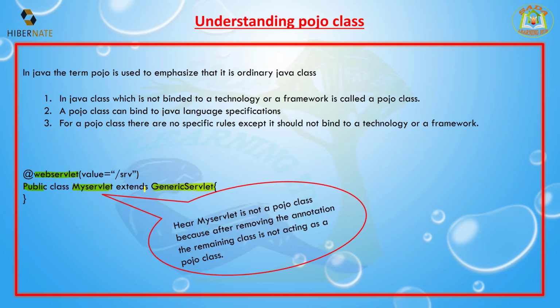Because my servlet class is extending from GenericServlet, which is related to servlet technology. For example, if you remove the @WebServlet annotation, even then it is not satisfying the POJO class conditions. That's why my servlet is not a POJO class.